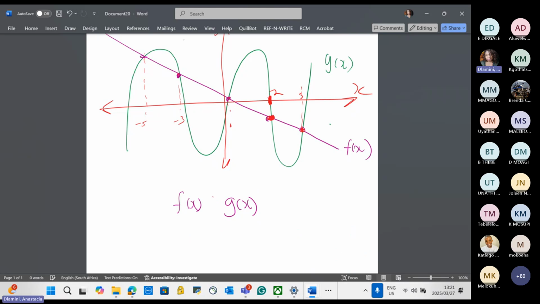Can someone read this? Because I noticed the inequalities are beating us. F of x is greater than g of x.